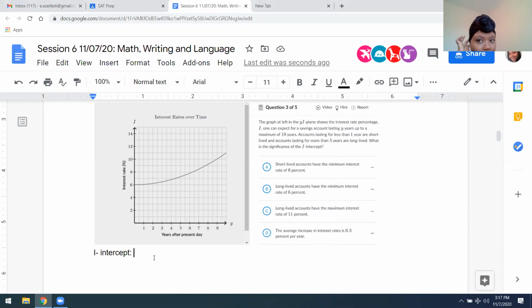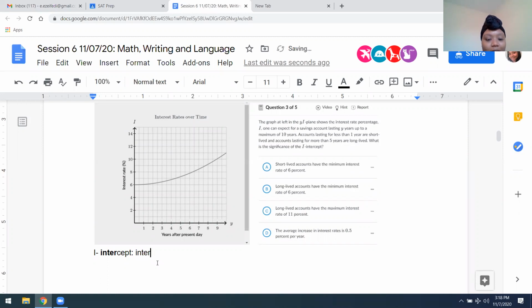So the I-intercept, when you say intercept, you can say the X-intercept, the Y-intercept. 3 or 5. Okay, we'll get to that in one second. So if you forget, what word does intercept sound like?